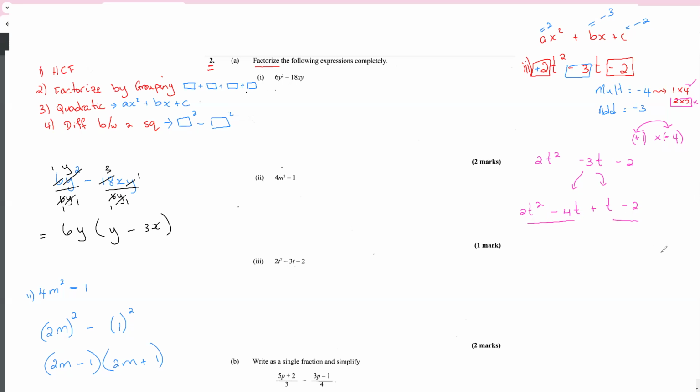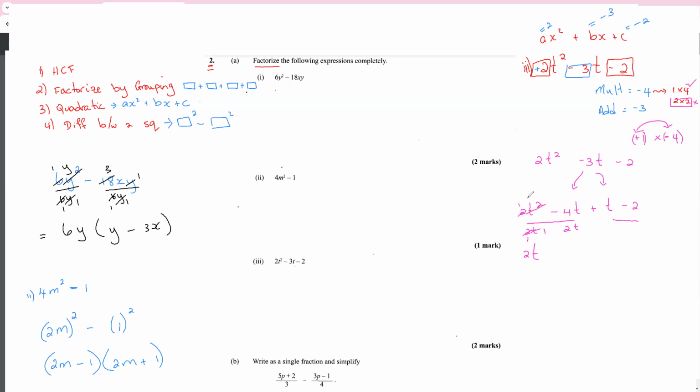Then we're going to factorize by grouping, right? Look at the numbers. The HCF of 2 and 4 is 2. I have t in common, so I pull out the one with the lower power. Whatever we pull out, we're going to divide each term by it. 2 could go into 2 one time.